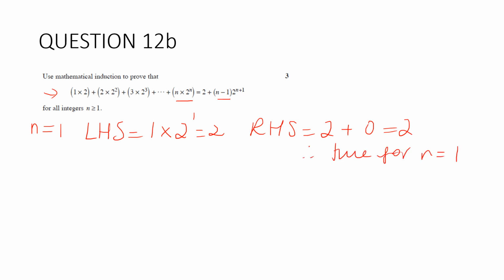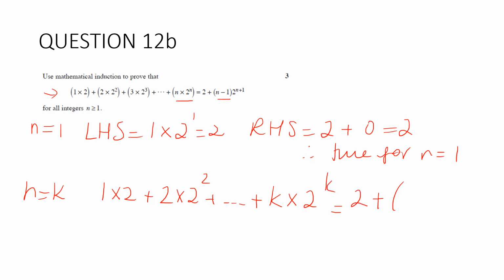Now let's assume it's true for n is equal to k. In other words, that 1 times 2 plus 2 times 2 squared plus ... plus k times 2 to the k is equal to 2 plus k minus 1, 2 to the k plus 1. And we need to prove it true for n is equal to k plus 1.